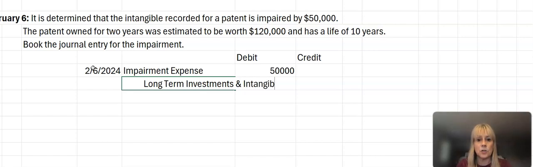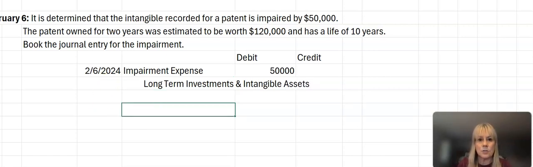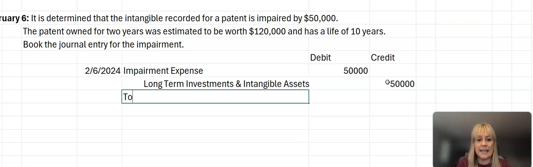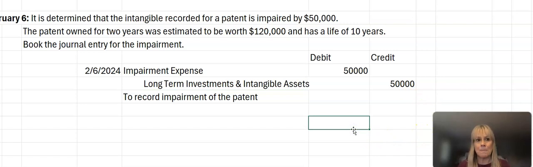You may look in your chart of accounts to make sure, but I'm pretty sure that's the name of the account in your project. I'm going to make that a little bit longer so we can see that better. Okay, and then we're going to credit that for $50,000, and that is to record the impairment of the patent.